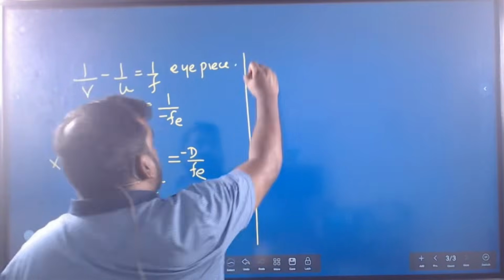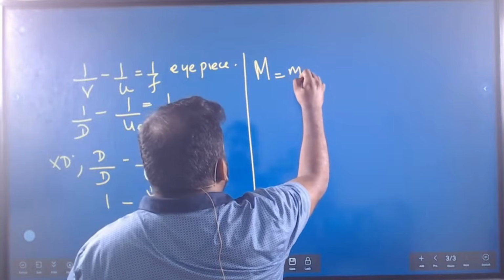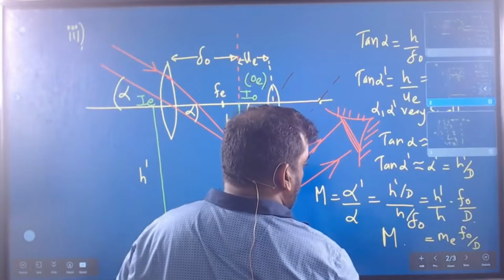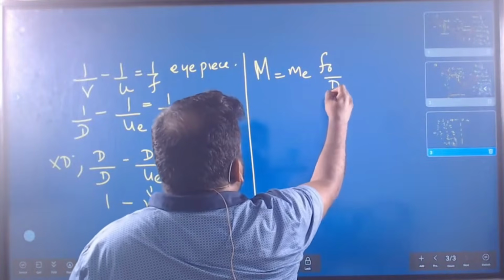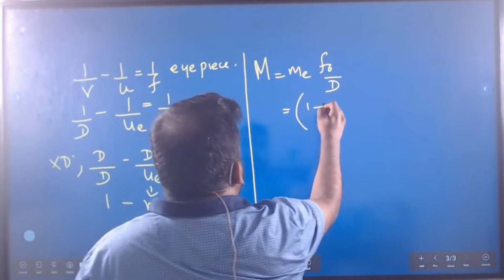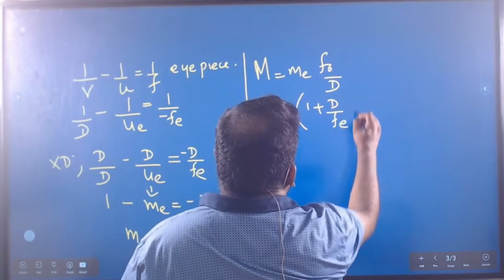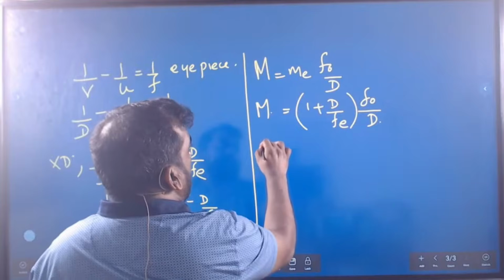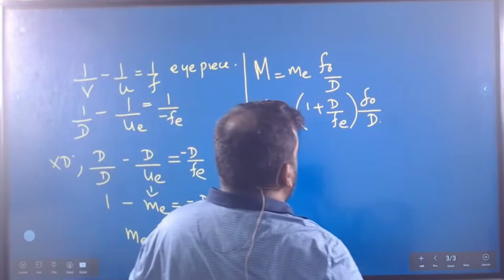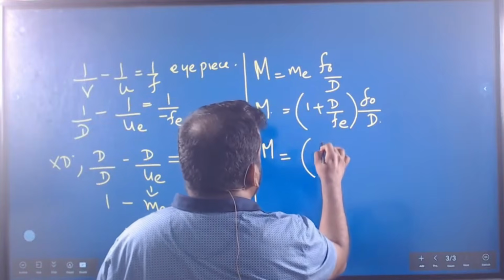Now simplify this. Angular magnification is ME times f naught over d. Now I can substitute here 1 plus d over fe, times f naught over d. If you want, you can take fe out and put d in.